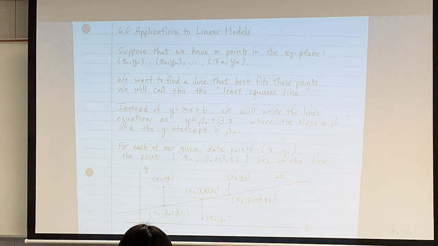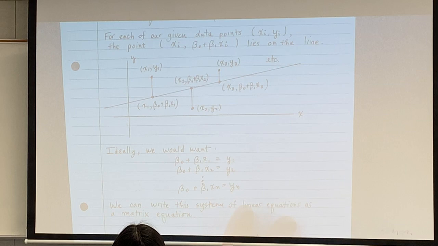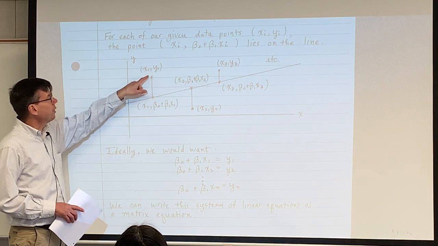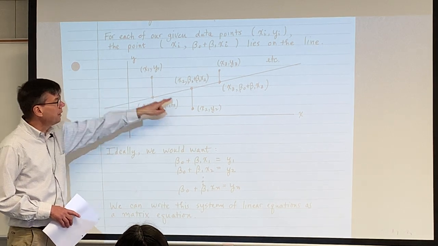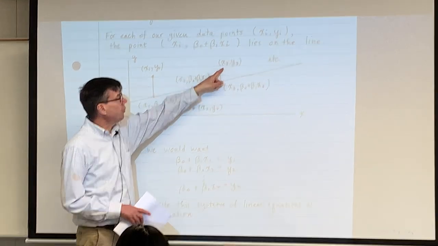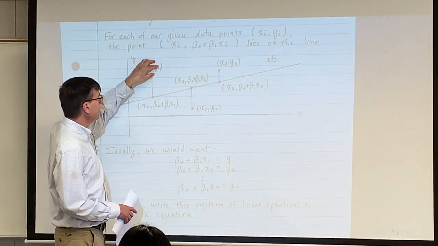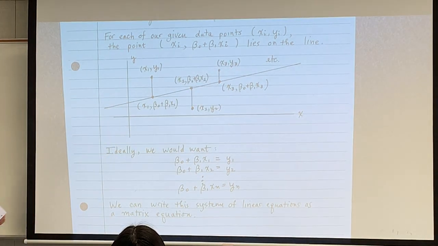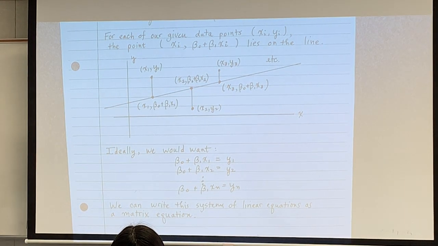And so for each of our given data points, so the given data points are the simpler points here. x1, y1 is one, x2, y2 is another, x3, y3, they go on down the line. The points not on the line in my picture are the given data points.